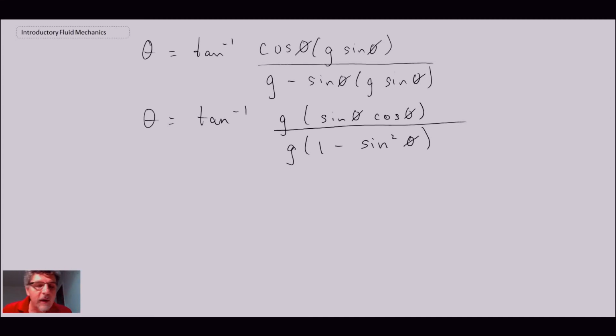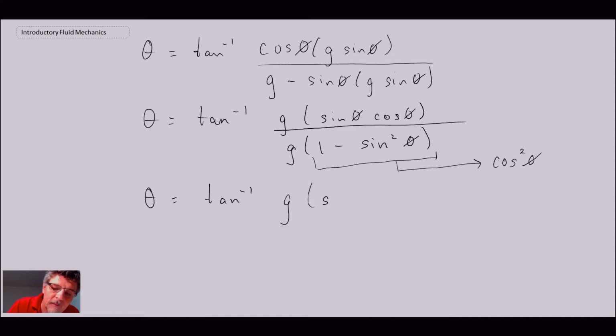Okay, so if you remember back to your math courses, we had trig relationships. This is equal to cos squared phi, so I can rewrite it with that substitution. And here, the g's cancel out.